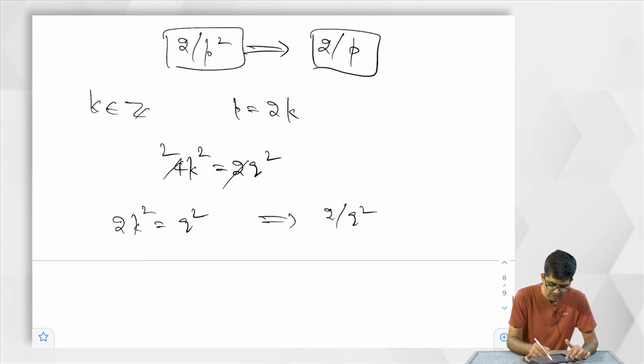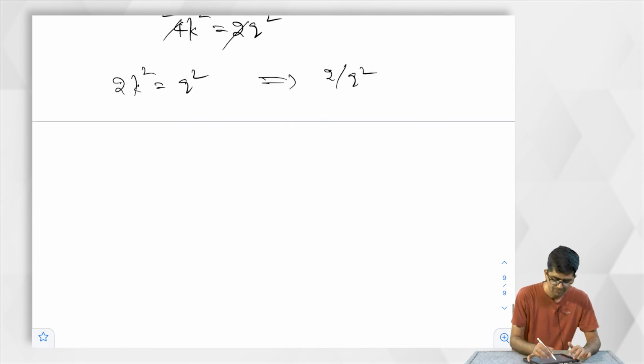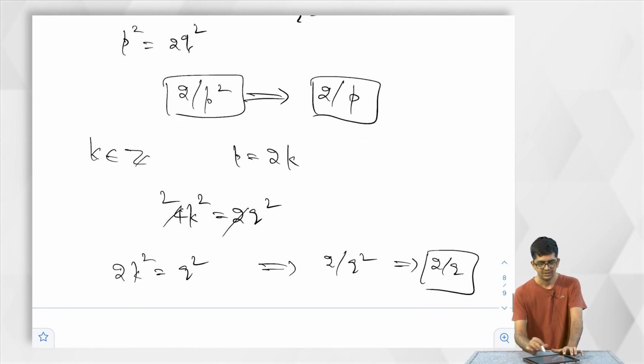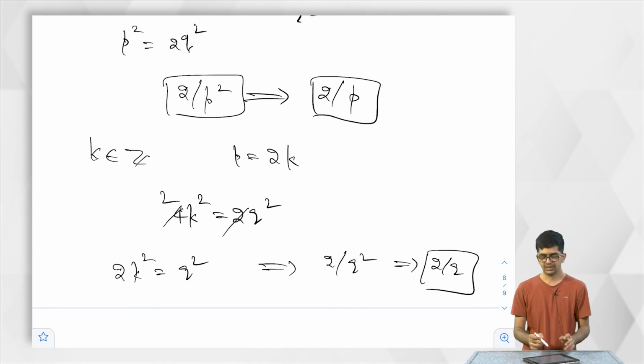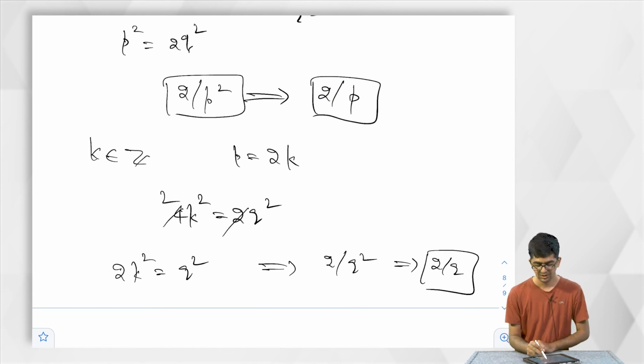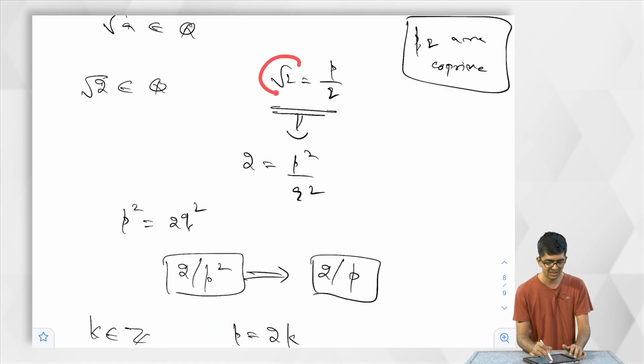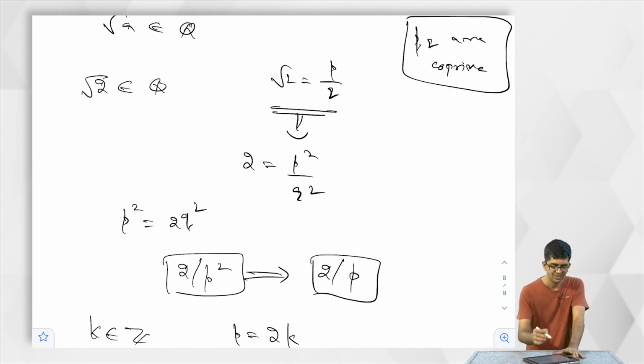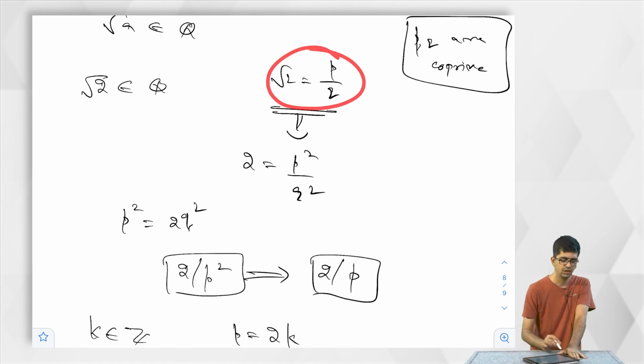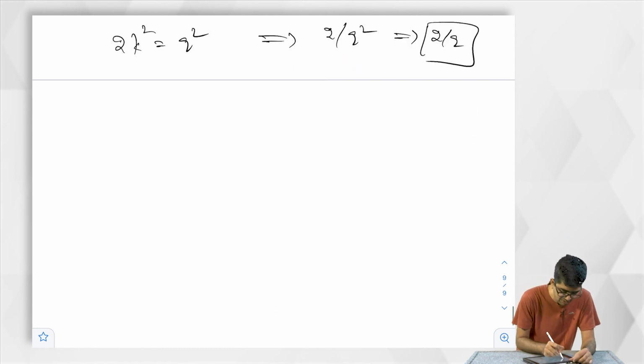Again, the same justification: because 2 is a prime number, 2 divides Q square implies 2 divides Q. So we have a contradiction: even though we assumed that P and Q are co-prime, we got an element 2, which is prime and not equal to 1, that divides P and Q. So this symbol, whose meaning we have given just now, does not satisfy this property. So root 2 is an element of R that we put just now, but it is not an element of Q.